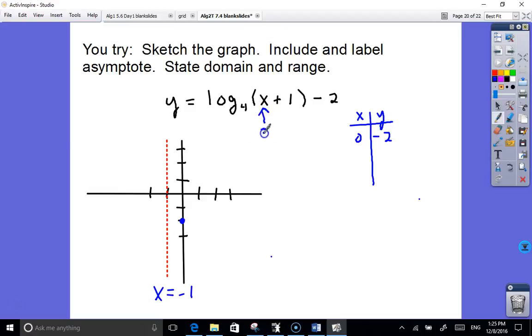If I put in a 3 there, then I'm going to get log base 4 of 4, which equals 1. Right? The log, if you match the base with what you're taking the logarithm of, it's 1. And 1 minus 2 is -1. So plot those 2 points. 3, -1.